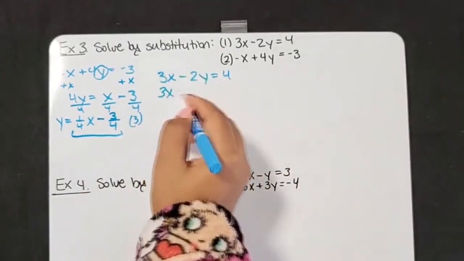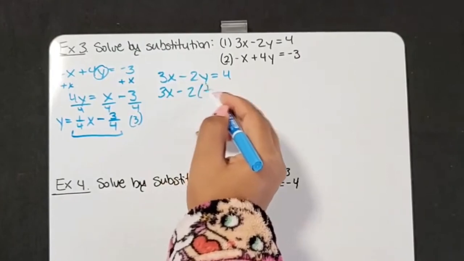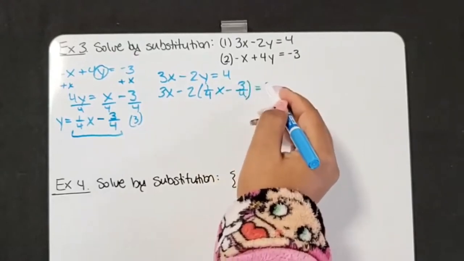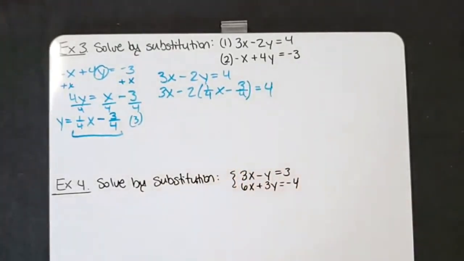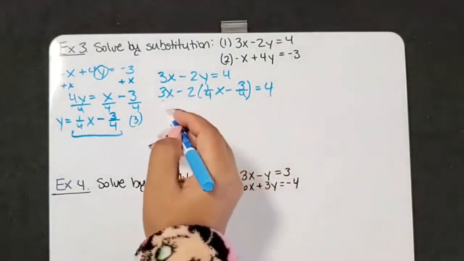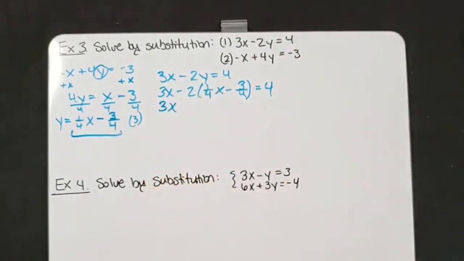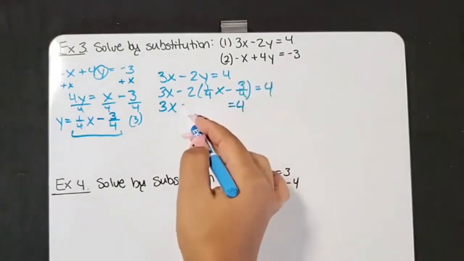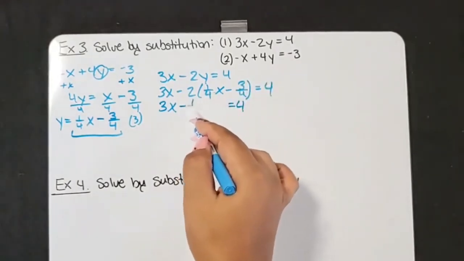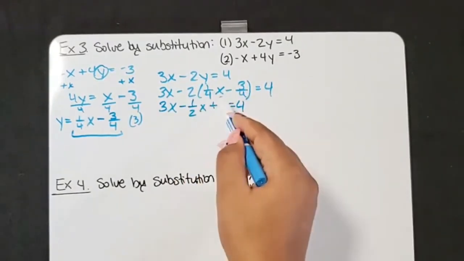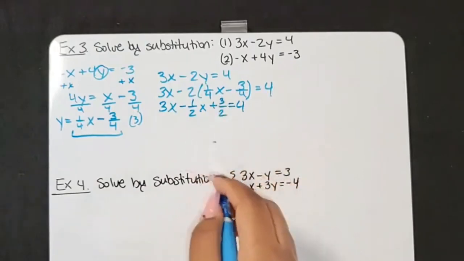So we got 3x minus 2, and we're going to plug in that whole thing. And then we're going to rewrite everything else. From here, we have to do our basic algebra calculations. So we got 3x, negative 2 times 1/4 x, which is negative 1/2 x, and positive 3/2.